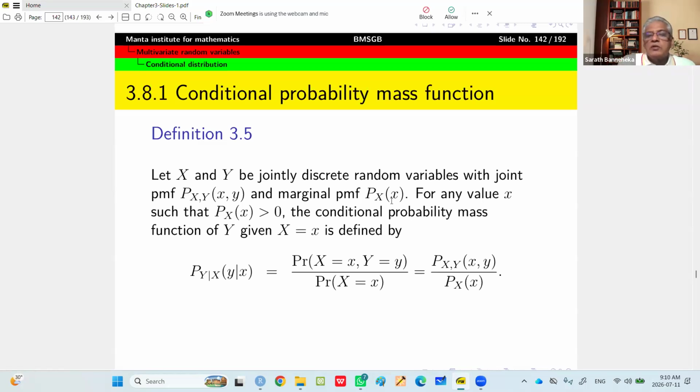Now let us consider a fixed value small x such that the probability mass function at that point is not equal to 0, such that P_X(x) is positive.